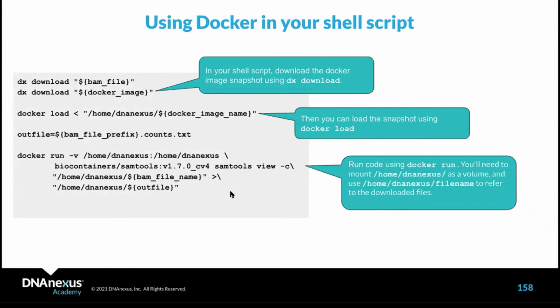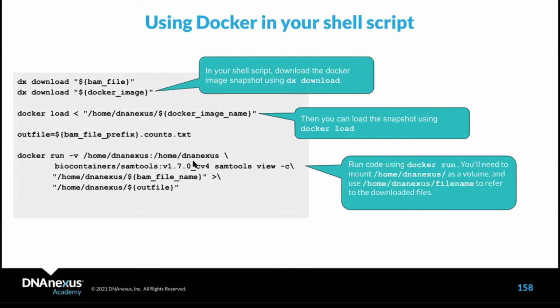So I'm not going to go over everything in this slide, but this is the basic process here. You're going to want to download the Docker image. You're going to want to load the Docker image using Docker load. And when you do a Docker run, you need to mount home/DNAnexus as a volume.